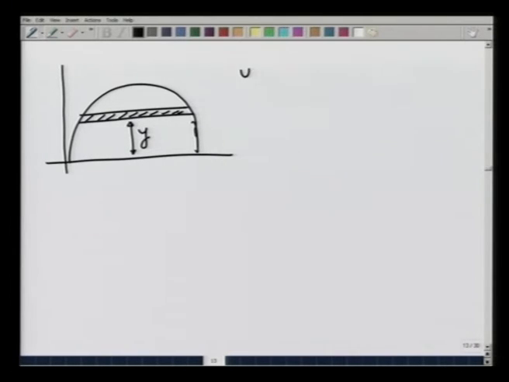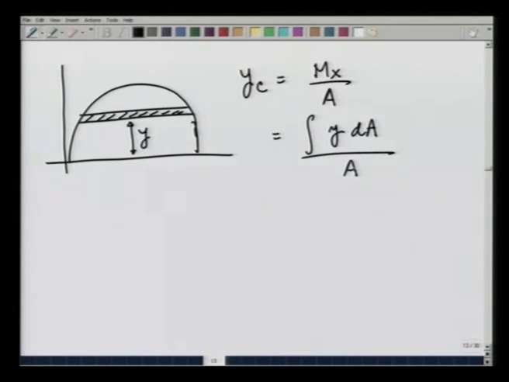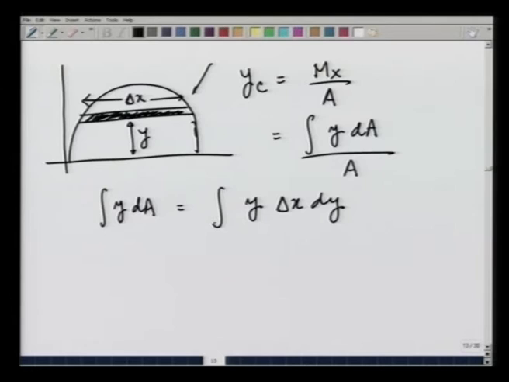So, y c is nothing but m x divided by the total area, which is integration y dA divided by the total area. y dA you can see is going to be equal to the area of this strip here, times the y. This strip area is going to be, if this distance is delta x, delta x dy, and y varies from 0 to r.